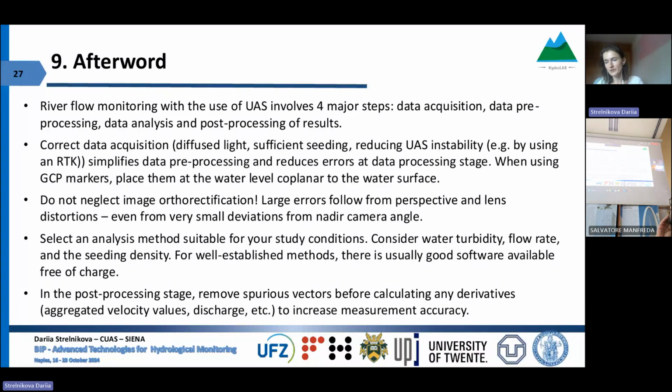You need to properly select the analysis method, because not every analysis method will work well in the same study conditions. And before we calculate any derivatives from our data set, we need to remove outliers and other noise which would otherwise deteriorate the quality of our results.